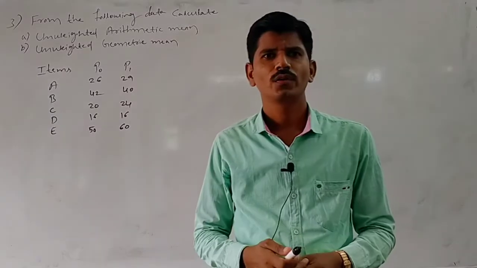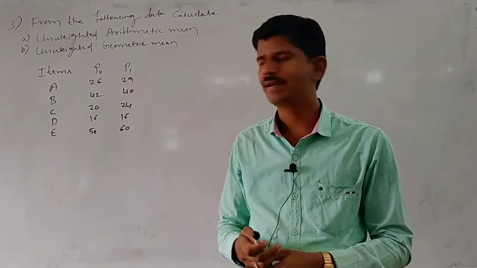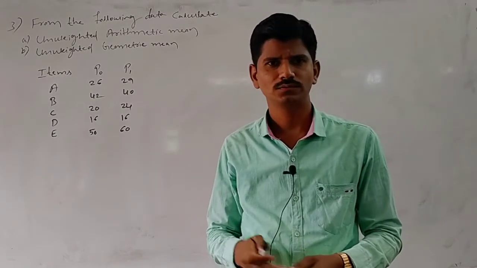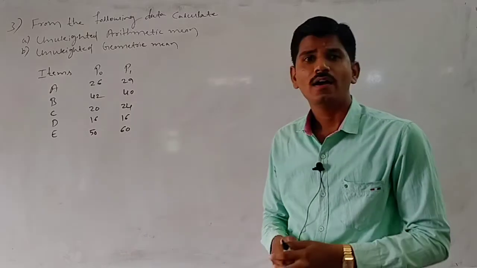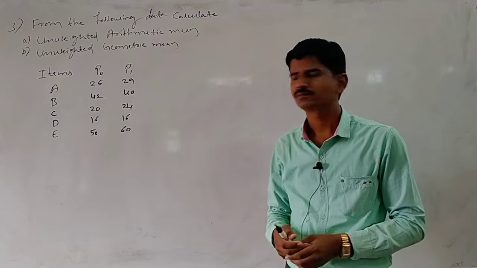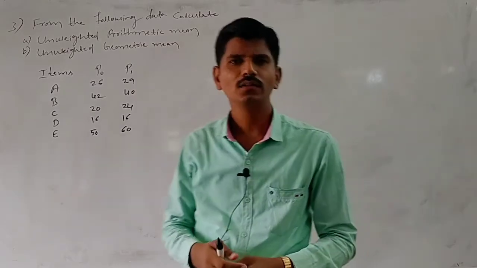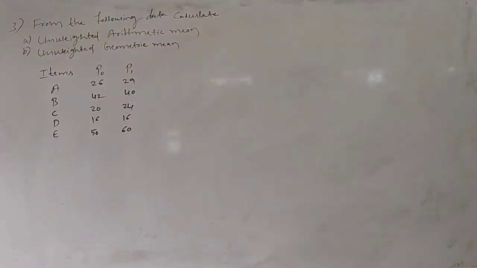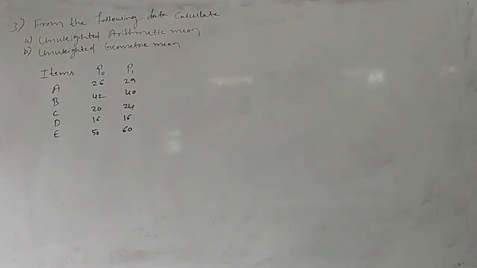Today we shall discuss the remaining problems based on unweighted index number. Here the third problem is: from the following data, calculate A, unweighted arithmetic mean, and B, unweighted geometric mean.